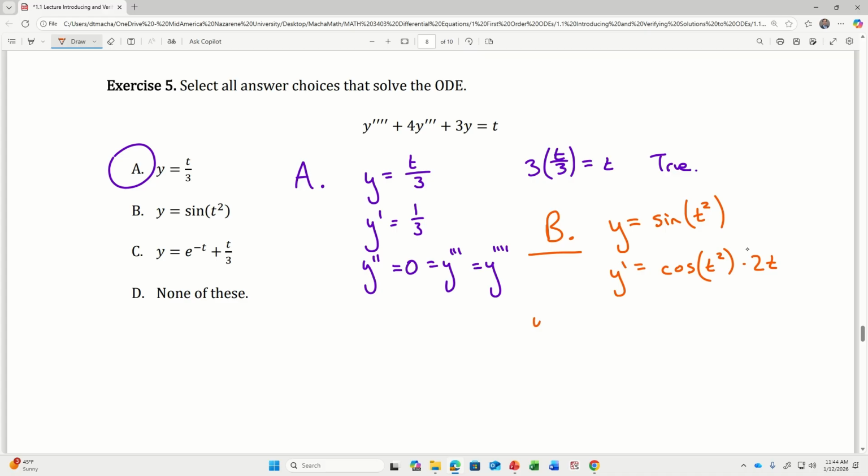And when I get to y double prime, I have to use the product rule and the chain rule here. So it's like this derivative times 2t. So it's like 2t times negative sine of t squared times 2t, plus the derivative of 2t, which is 2, times this cosine of t squared.